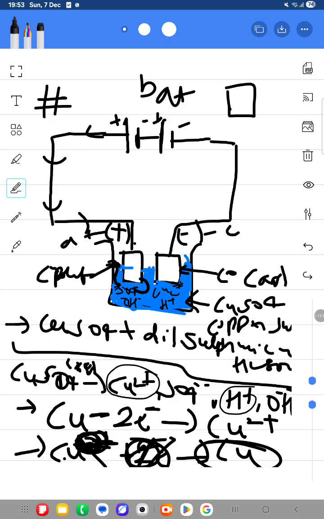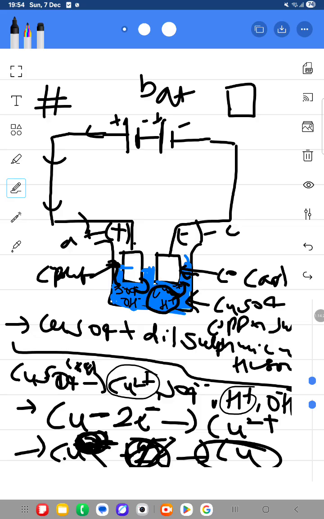This 2 is positive and this is negative. When they both meet here, they will form copper.